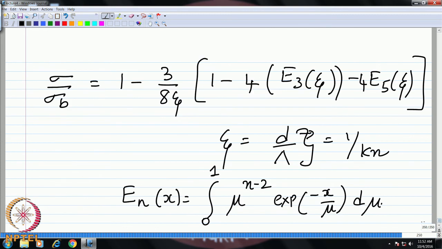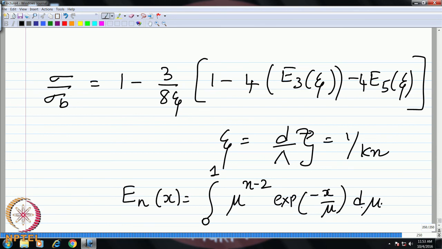I will end up with two integral terms, one which is E3. E3 is nothing but mu times exponential minus x by mu d mu. The other is E5, where I have mu cube exponential minus x by mu d mu.